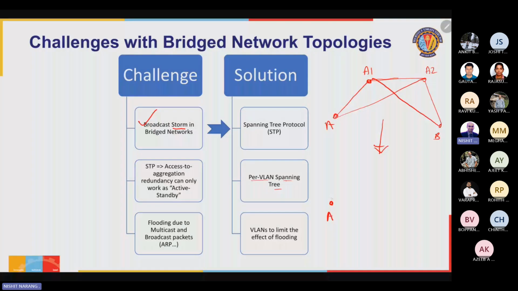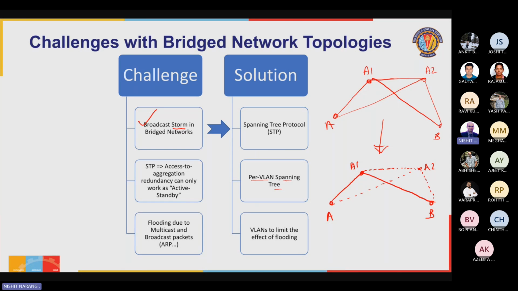It will say, okay, the dark ones are the active links, and the dotted ones are the redundant links, which I will use for forwarding traffic only when there's a failure on the primary link.